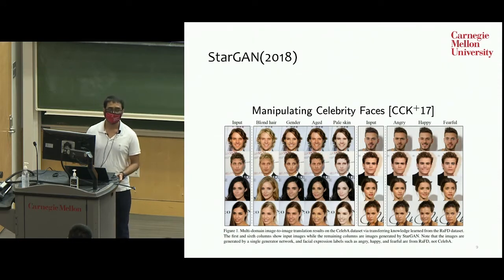Those are the images you can generate from a GAN. You can also change the facial expression of the person. On the right-hand side, given an image, you can make the person angry, happy, or fearful, like that.